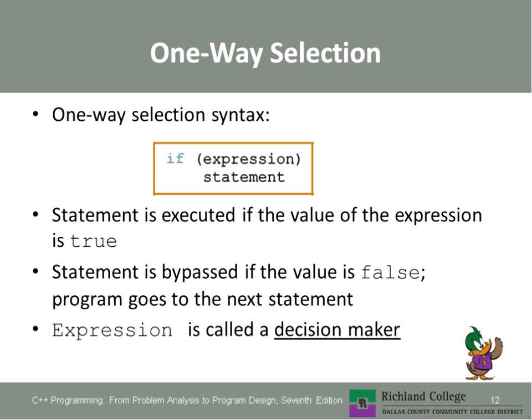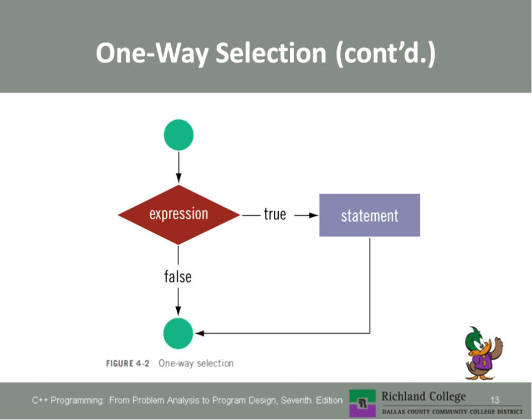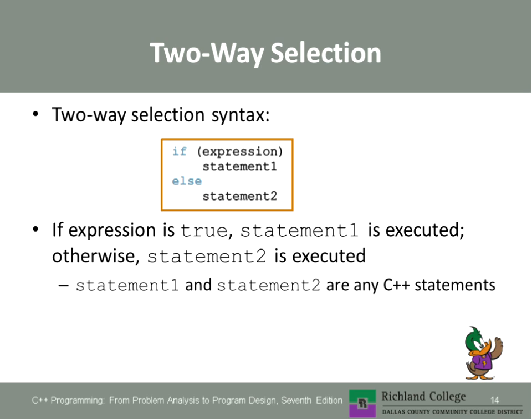And the statement is bypassed, or is not going to be processed, if the expression is false. Now the expression is called a decision maker. So you have the decision maker, and the only way that we're going to execute the statement itself is if the expression returns true. Otherwise, we don't do anything. The code just continues on.